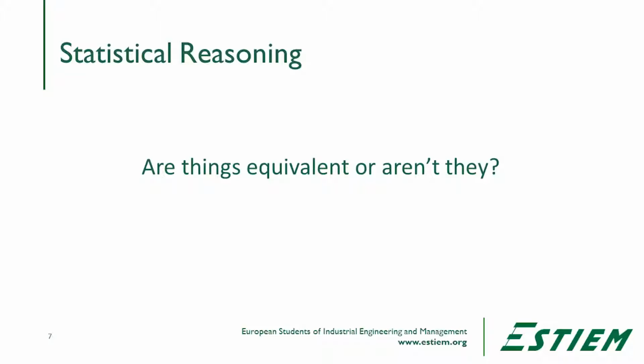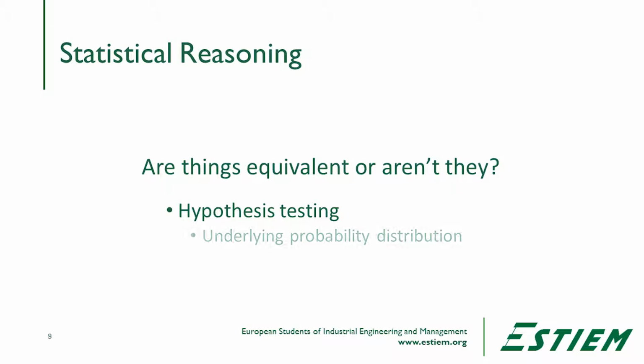So, let's begin. I want to go back to some statistical reasoning. Statistical reasoning is saying, are things equivalent or aren't they? The fundamental tool for this is this idea of hypothesis testing. So statistical tests of hypothesis are based on a comparison to some unknown or known, if you will, or expected underlying probability distribution. So I have observed the real data versus expected data, the probability distribution.